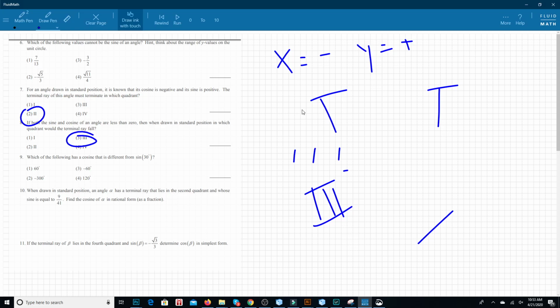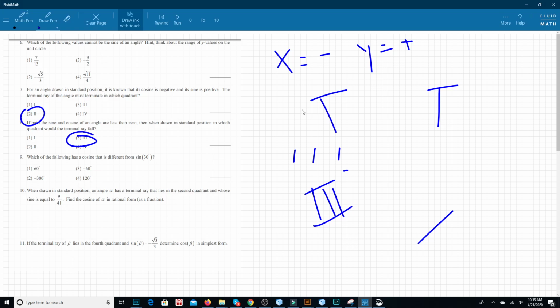Then we look at cosine negative 60 degrees. It's going to be in the opposite direction. So we're looking at 60 degrees before, so we're looking at 300.